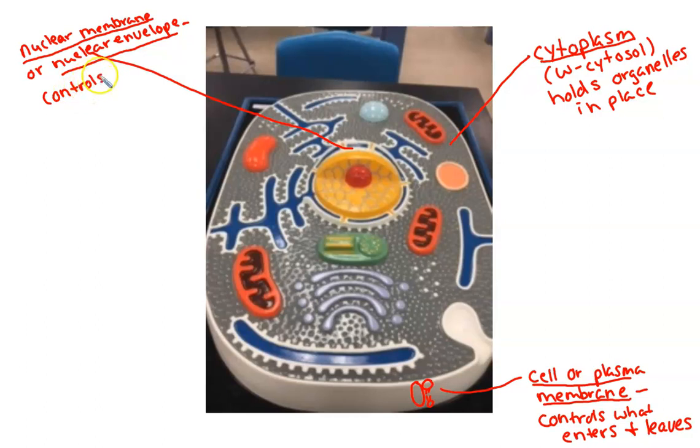Controls what enters and leaves. So just like the cell membrane controls what enters and leaves the cell, the nuclear membrane or envelope controls what enters or leaves the nucleus. It's got tiny little holes in it called nuclear pores that certain things can go in and out.